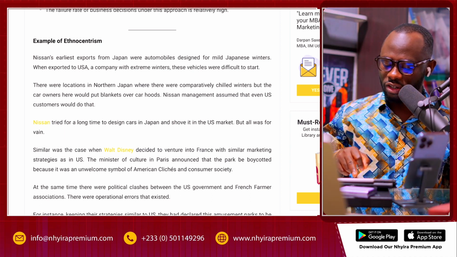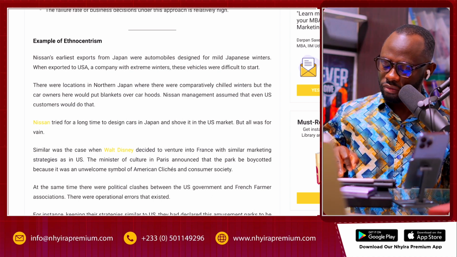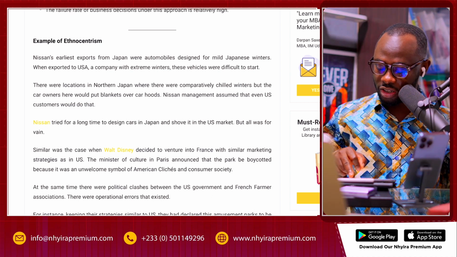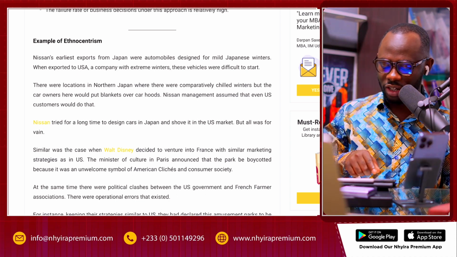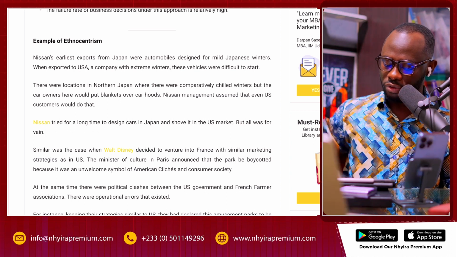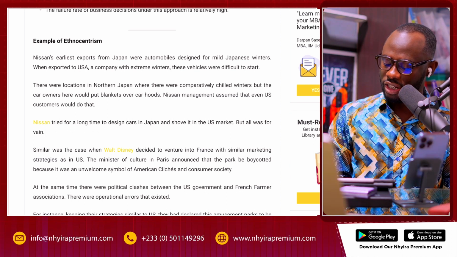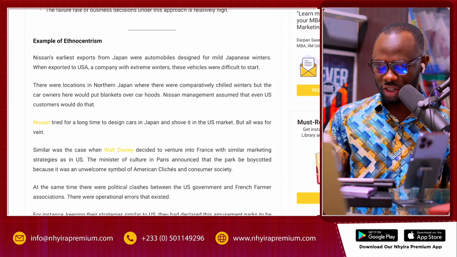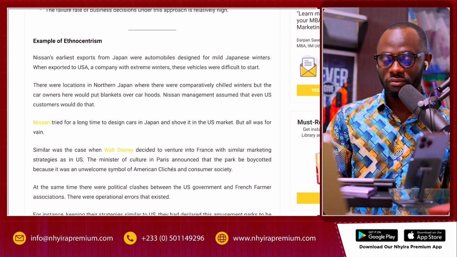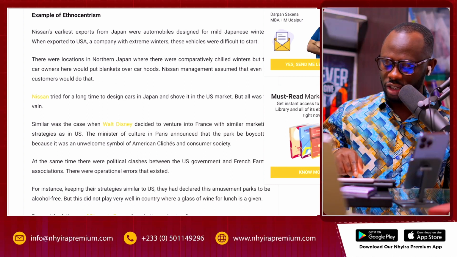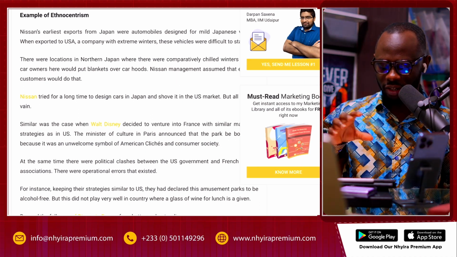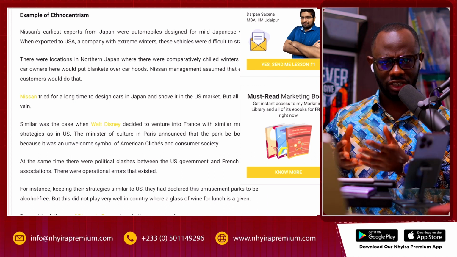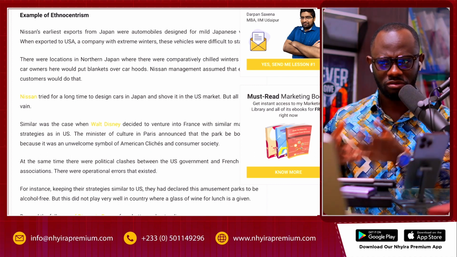There were locations in northern Japan with comparatively chilled winters, but the car owners there would put blankets over car hoods. Nissan management assumed that even US customers would do that. Nissan tried for a long time to design cars in Japan and shove them in the US market, but all was in vain. Do you see the application of the model?